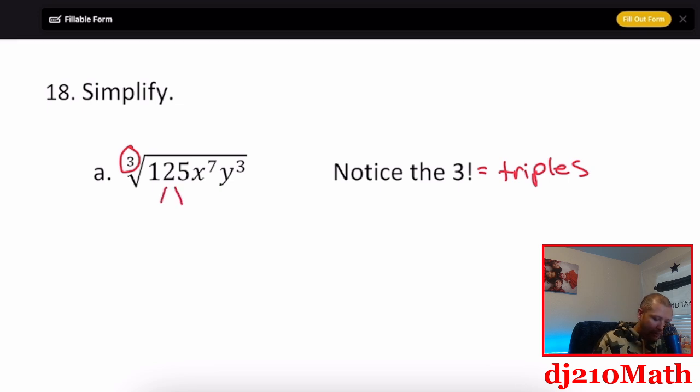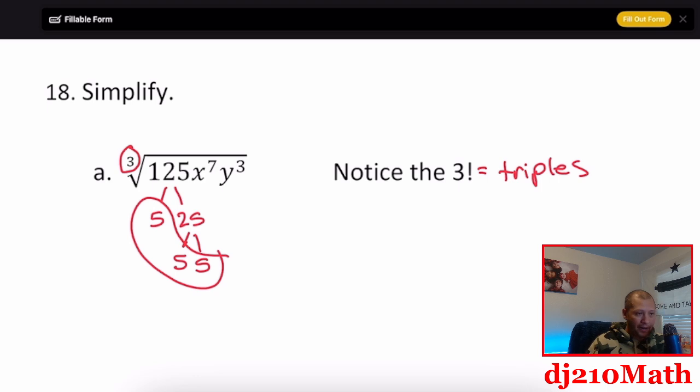So 125: I can use 5, 5 and 25. 25 is 5 and 5. So we're looking for a triple. There it is, three 5s. That's going to come out in front as a single 5.